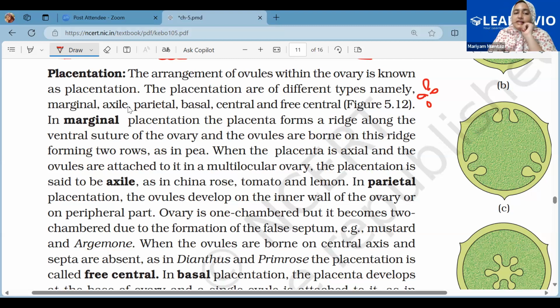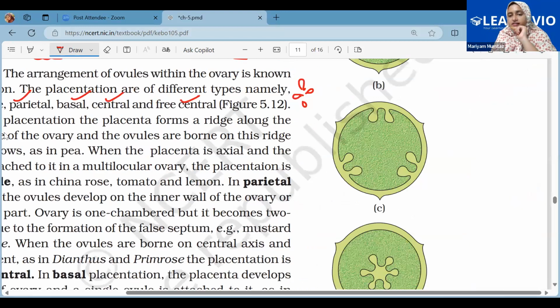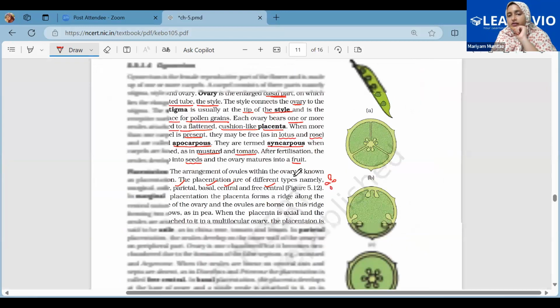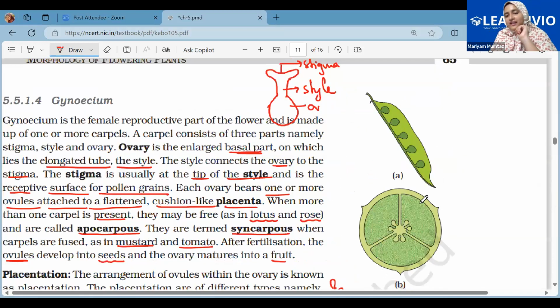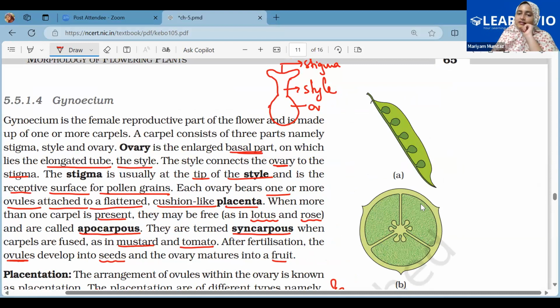Now talking about placentation, there are a variety of types. We have marginal placentation, axile placentation, parietal, basal, central, and free central. All of these are the various kinds. Now see, this is the picture showing the different placentation. The first one, I think almost everyone has seen this, isn't it?